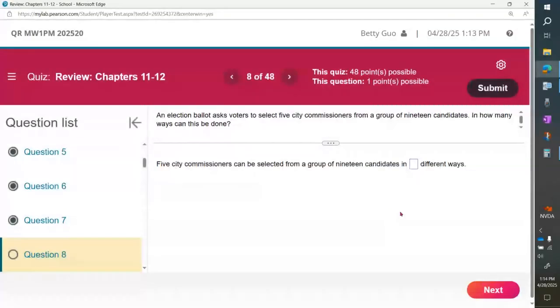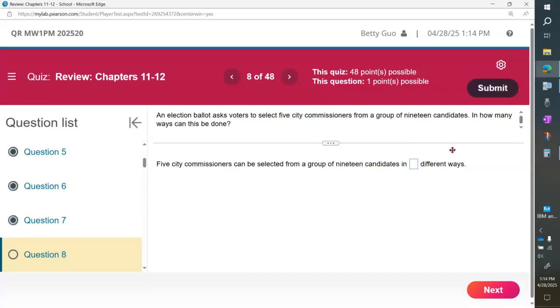Next, question number 8. An election ballot asks voters to select 5 city commissioners from a group of 19 candidates. In how many ways can this be done? This is not a permutation problem. This is a combination problem because the order doesn't matter. The task here is to randomly select a subset from a group of 19 candidates.